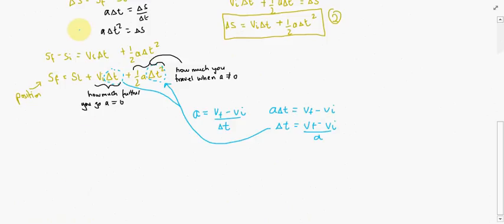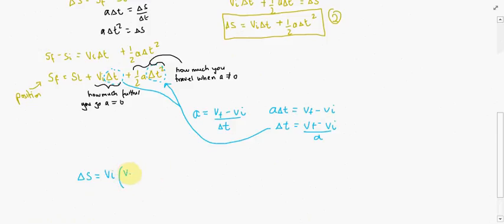And I'm just going to simplify this final position minus initial position as a delta s. So it's going to give me this delta s is equal to this initial velocity, right, times time, or times delta t, but delta t is equal to all of this. So I'm just going to write that in there.